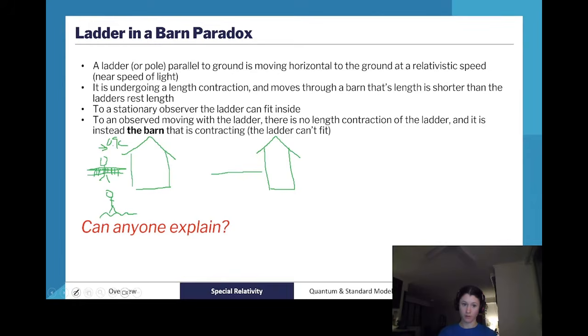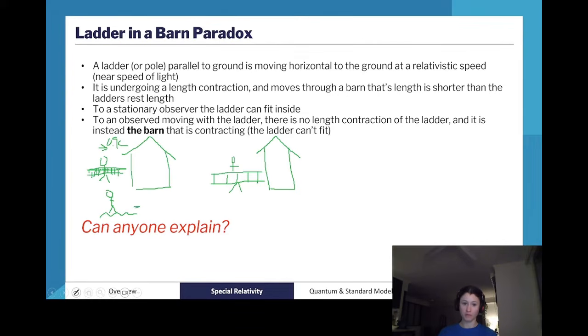See, the rungs are close together here, but for the person running, what they're seeing is the ladder not contracted, and they're seeing the barn being contracted. Right? So how can the ladder fit inside?